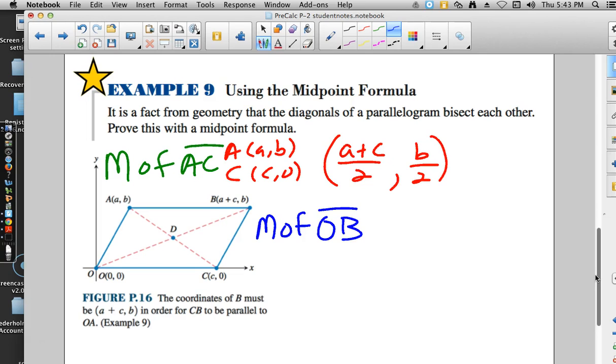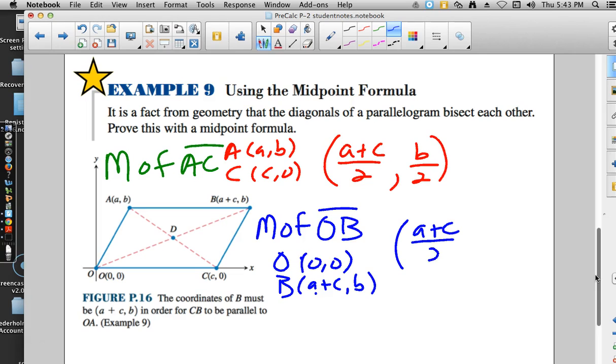All right, so now we know that O is at the origin, and B is at A plus C, B. Add the two x's together: 0 plus A plus C is A plus C, and divide by 2. 0 plus B is B, and divide by 2. Well, look at that. The midpoint of segment AC is the midpoint of segment OB. They landed in the same place.